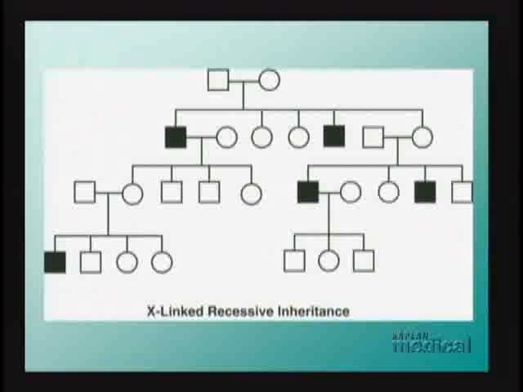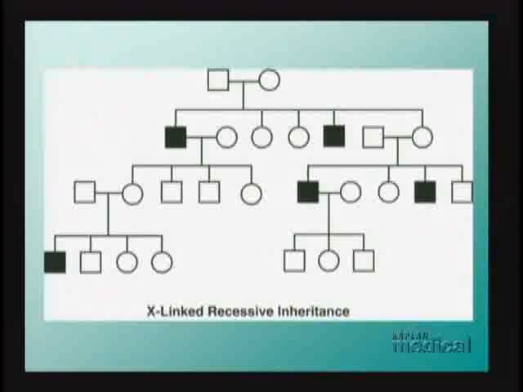The reason that we find almost only males being affected with X-linked recessive diseases is the fact that males have only one X chromosome. So if a male inherits a mutant X chromosome, he will have the symptoms of that disease because he does not have a good X chromosome to hide the effects of the mutation.